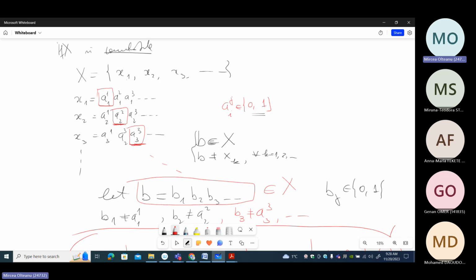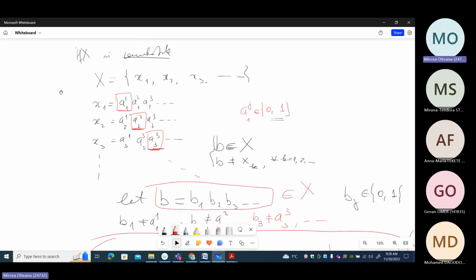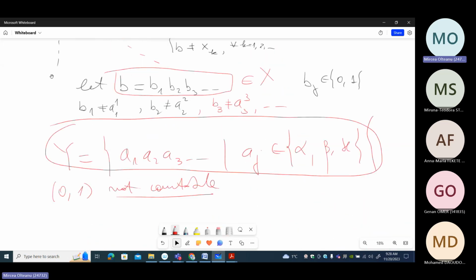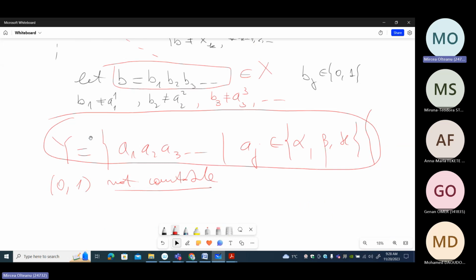And the usual countable sets, as I told, are the set of natural numbers, integers, and rational numbers, about which we must know that they are countable. And also you must know Cantor's diagonal argument in order to prove, with the same idea, that other sets which are very close to Cantor's example are uncountable. For example, something like that.